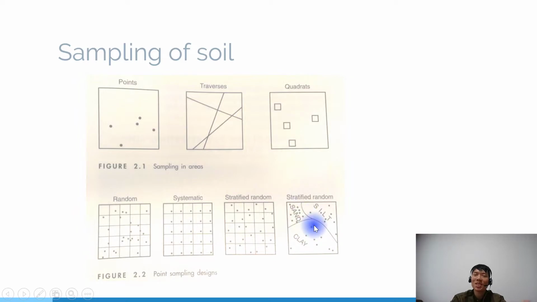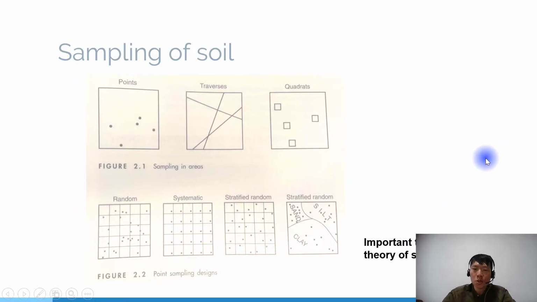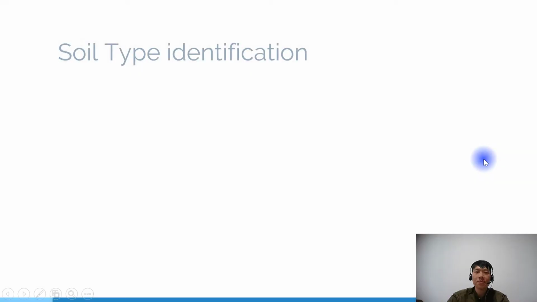But with the information that there is an uneven distribution of these components in the soil, we do stratified sampling, which means, okay, this is the sand part, let's do random over there, silt on the other side, and clay. So it's highly important to know the theories of sampling on this slide in terms of the consideration.